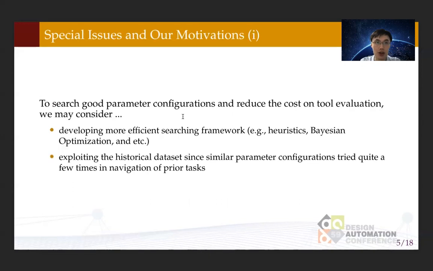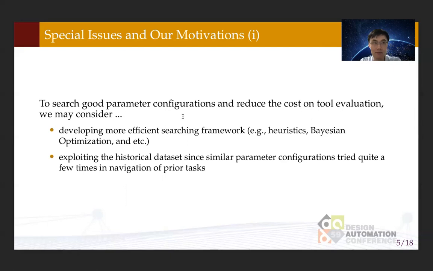To search for good parameter configurations and reduce the cost of tool evaluation, we may consider developing a more efficient searching framework and exploiting the historic data set, since similar parameter configurations were tried quite a few times in prior tasks.